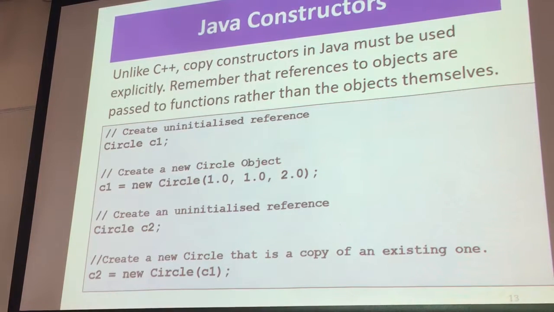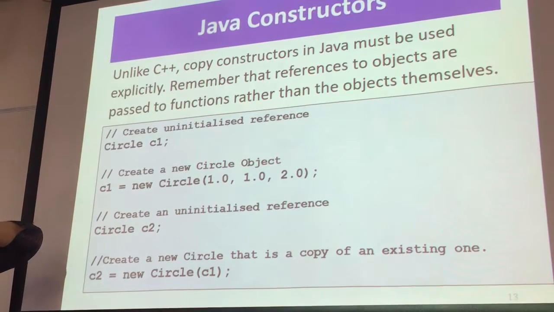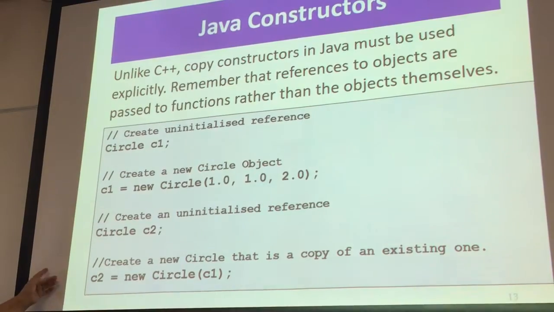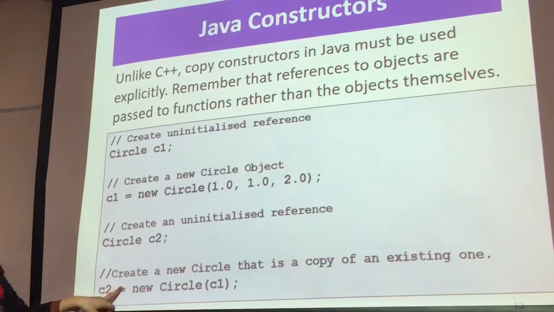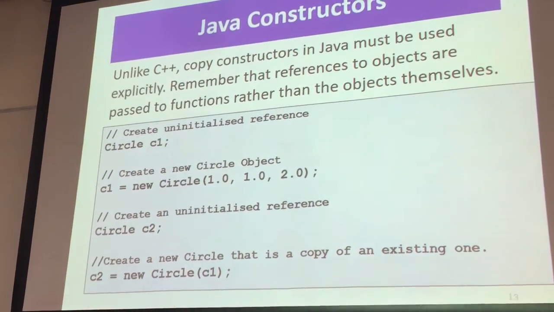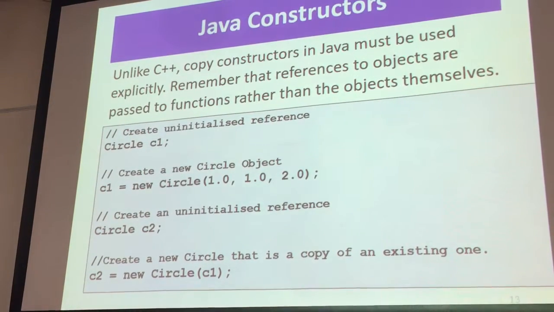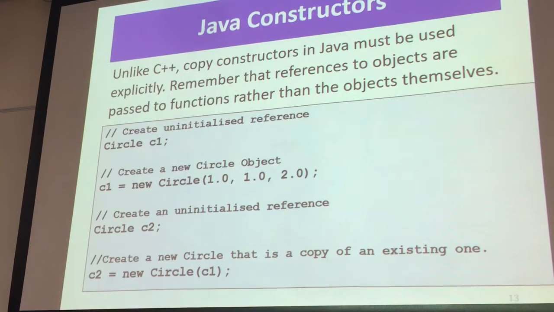Difference between C++, you have to invoke the copy constructor when you declare variables and you use this copy constructor. Remember, this C2 equals C1 was used in C++, and we called copy constructor, which was a little bit confusing.